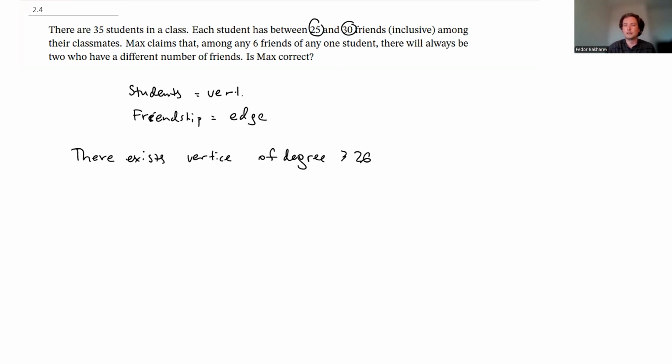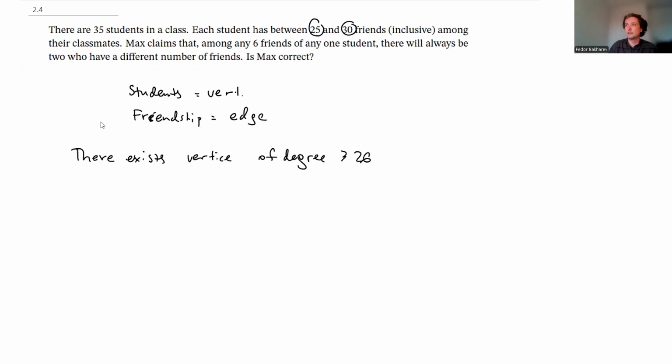The number of vertices of the graph with odd degree should be even, because to calculate the number of edges, we sum up all the degrees and divide by 2, so this sum should be even.